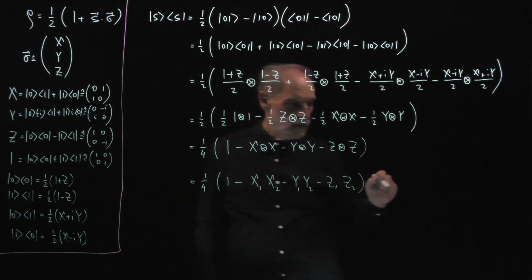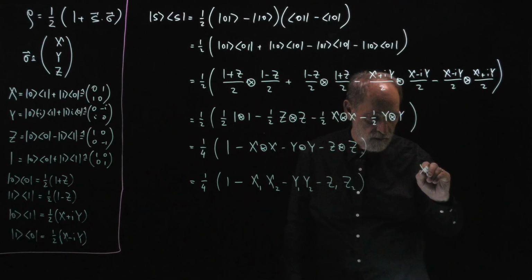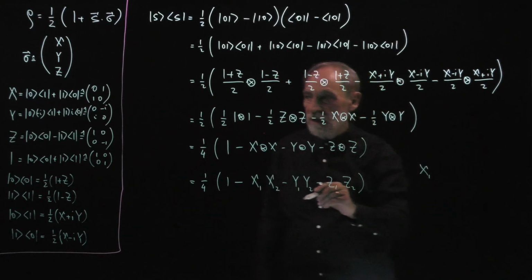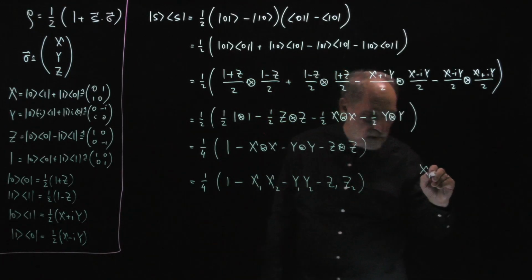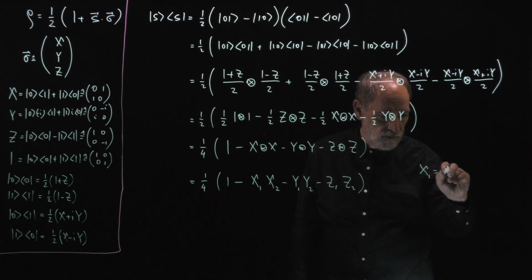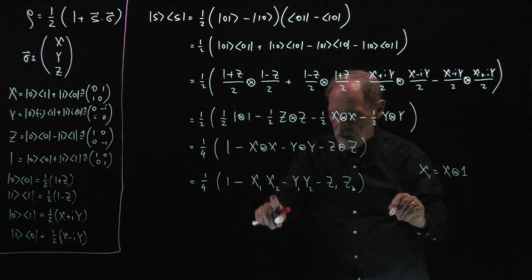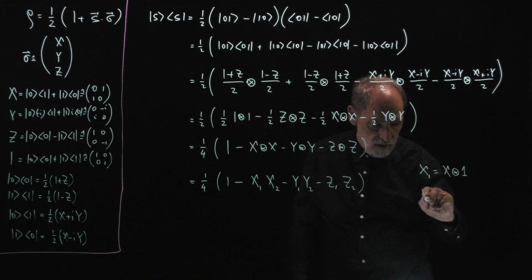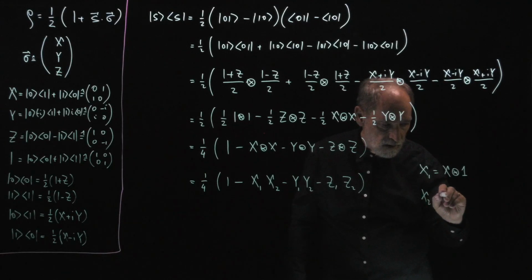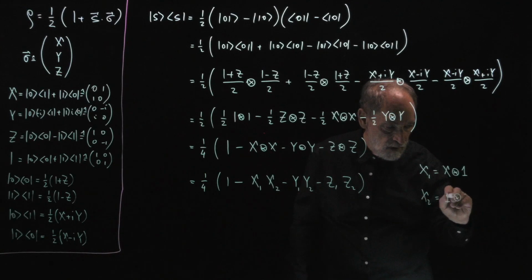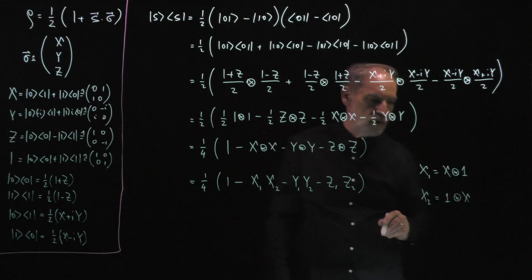And here we should understand that x1, for example, if we are finicky about the 2 qubits, is x for the first qubit and the identity for the second qubit. And the x2 that appears here is the identity for the first qubit and x for the second qubit.